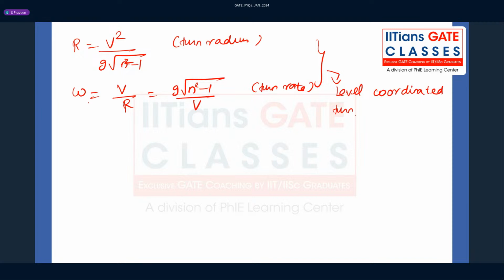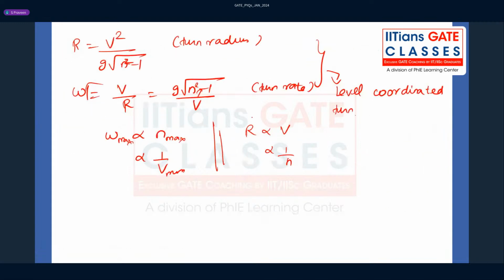So in here, if you see, omega increases when your n increases as a direct dependence, and it is inversely related to V. So I can write it down: omega is proportional to n, inversely proportional to V, and similarly, R is proportional to V and inversely proportional to n. So if I go back, he's asking for maximum turn rate, so this has to be max, this has to be min, and minimum turn radius.